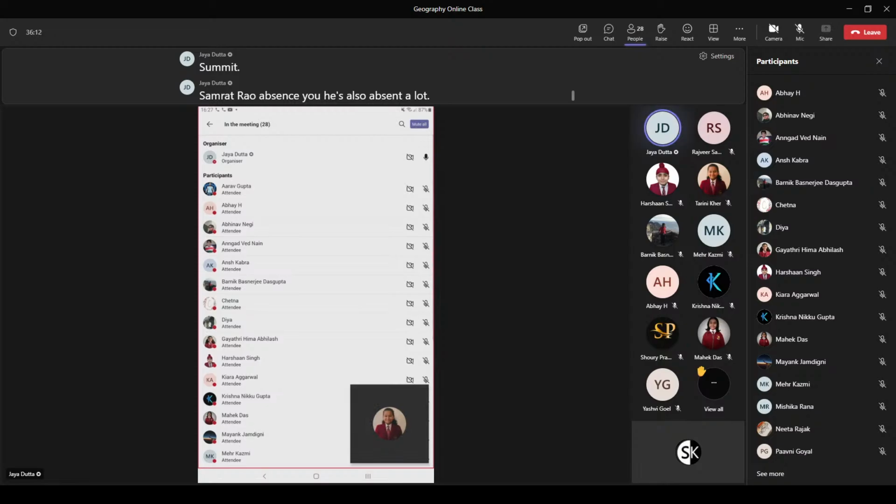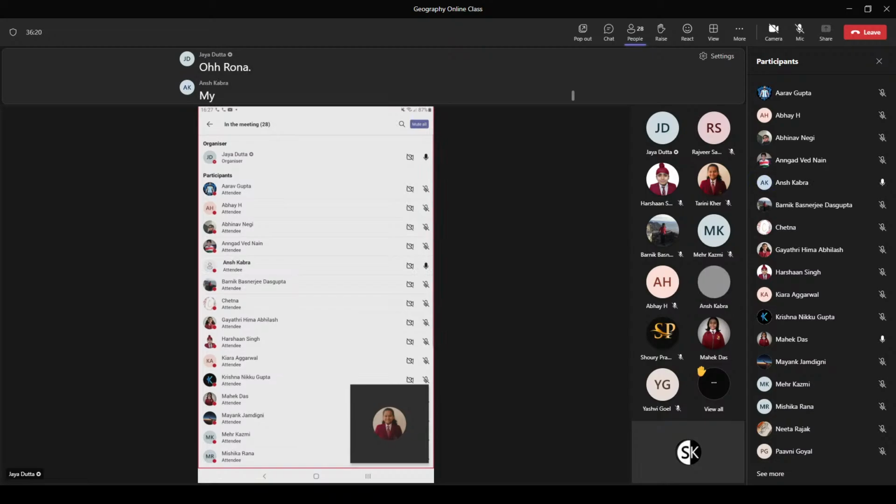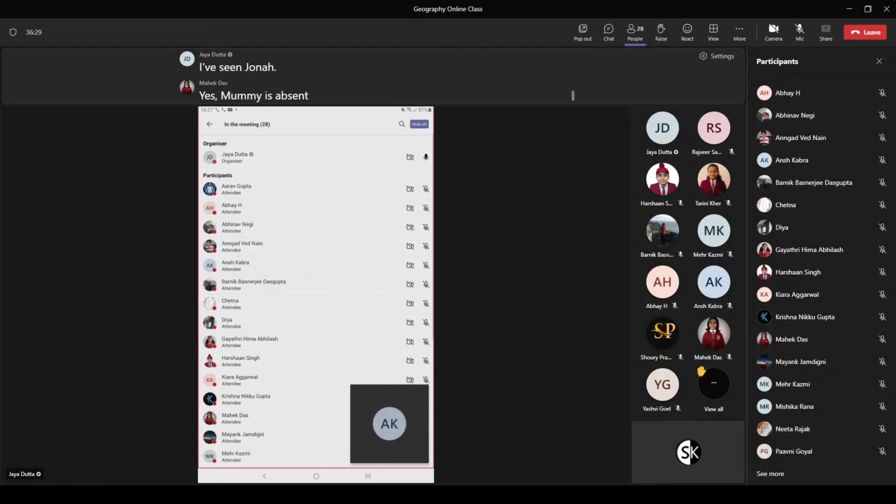Okay. Ronak? Ma'am, absent. Absent, Ronak. Sakriti. Absent. She's absent. Tanishka. Absent. Neeta is present. Then Dia. Present. Vansh.